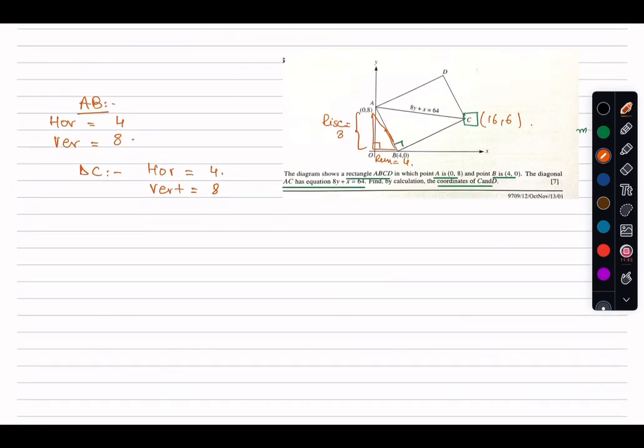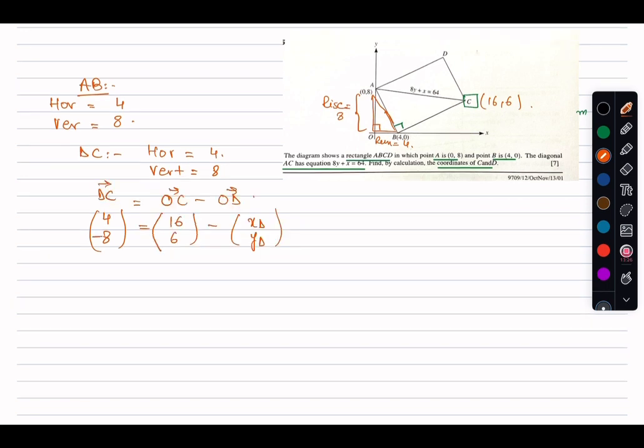So to get the coordinates there, I am just writing it in the column matrix form, so that I should say that it is 4 and 8. And so to find the distance DC, I am using the column vector form. The line was sloping down from A to B. Therefore, I can say that the y distance or the rise is a negative 8, and for DC the horizontal distance was a 4.